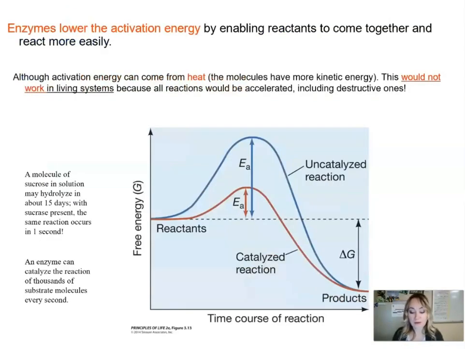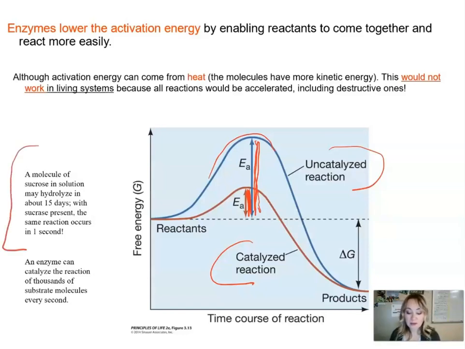If you take a look at this graph, compare uncatalyzed reaction with catalyzed reaction. In the catalyzed reaction, notice the activation energy is only this little tiny hump. You see it? If we look at the uncatalyzed reaction, the required activation energy is much greater. We have a way larger hump to overcome. To put things in perspective, here I have one example. A molecule of sucrose in a solution may hydrolyze in about 15 days.